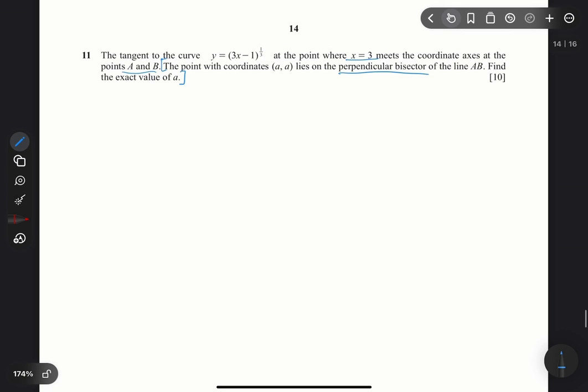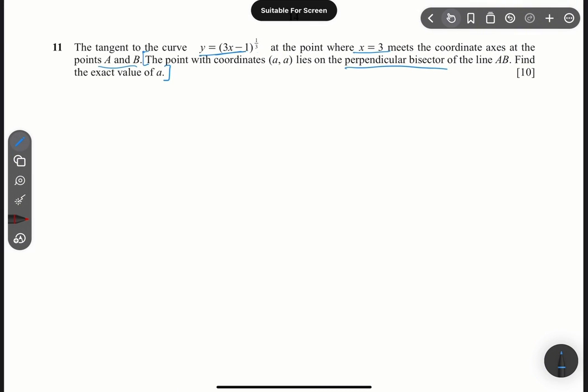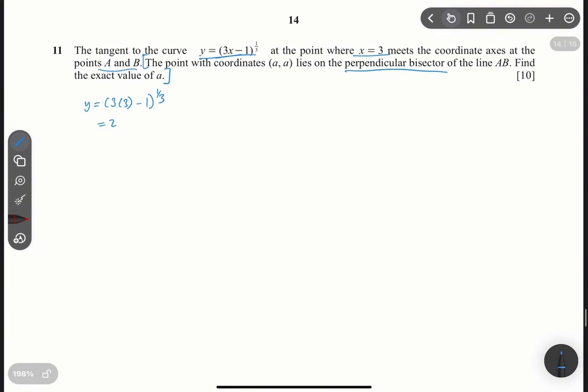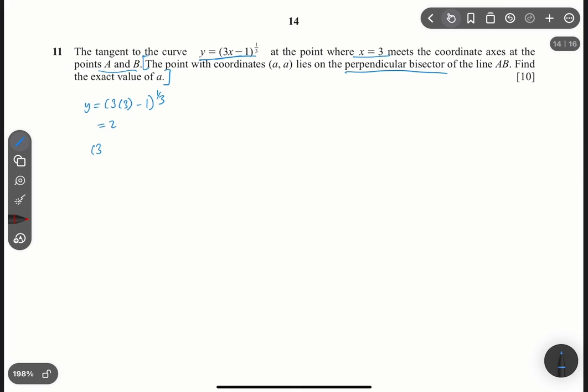The first step would be finding the tangent to this curve. To do this, you can get the coordinate first. So just sub 3 into the equation to get 2. So the tangent meets the curve at 3, 2.